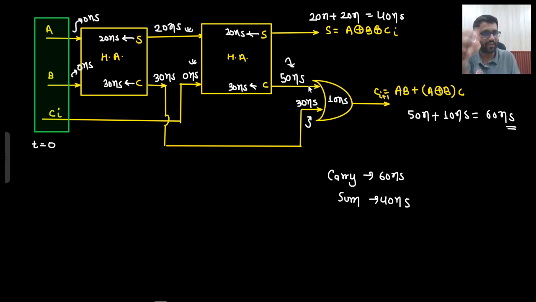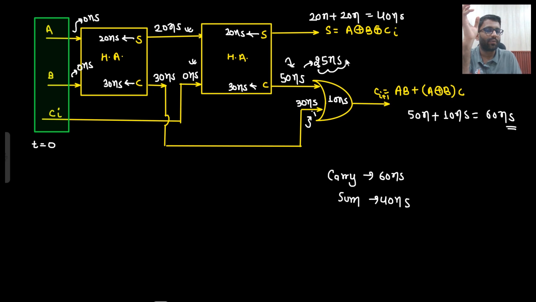Now both are stable at 50 nanosecond, because this guy was waiting for him, right? Let's just say if you had got 25 nanosecond here, then what would be the delay in CI? That would be 30 plus 10, because this guy will have to wait for this guy, because this guy will come after 30 nanosecond. Are you getting this point?